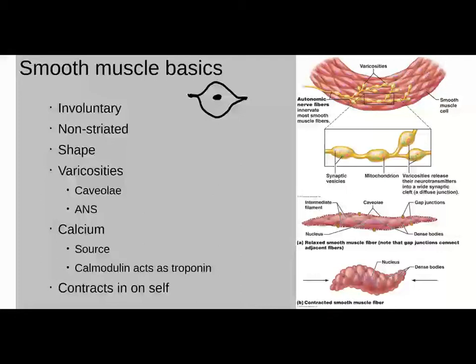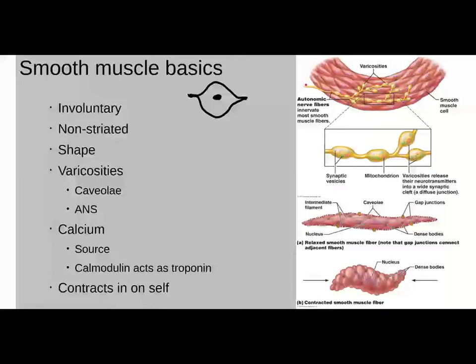Instead of a motor neuron ending at a motor end plate with axon terminals, we're actually going to have something really different here. Smooth muscle is controlled by your autonomic nervous system, and autonomic nerves have a really different structure at the end.